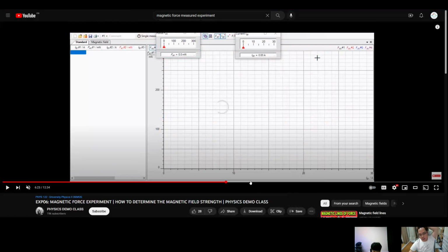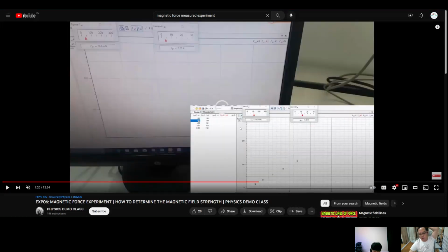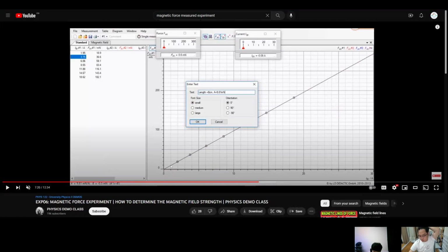And we will have the relationship between the force and the current, which is a beautiful linear relationship. And then they will type in the other variables, which is the length, and let's see, what is this?